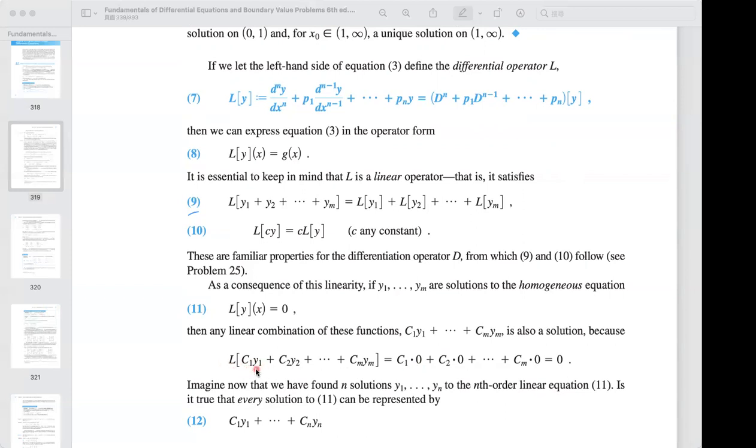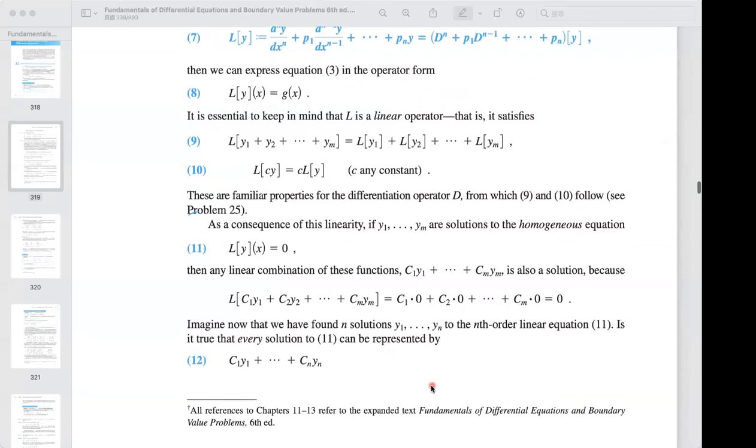Since y1 is a solution of the homogeneous equation, Ly1 becomes 0. The same for the C2 y2 term, you get C2 times 0, and so on. The last one, Cm ym, equals Cm times 0, which equals 0.